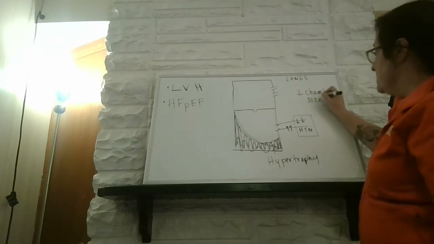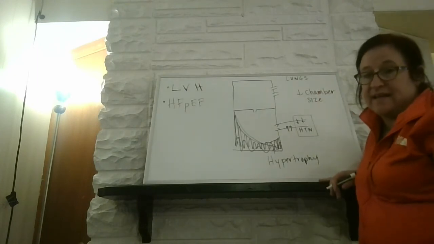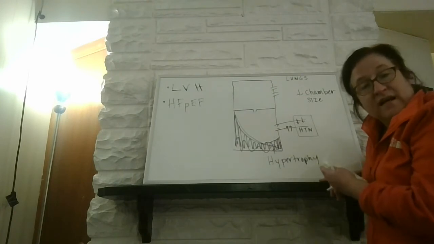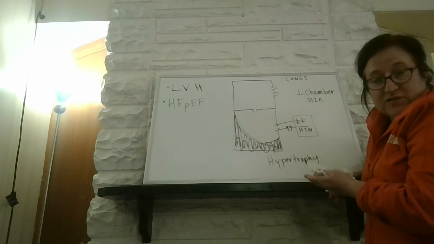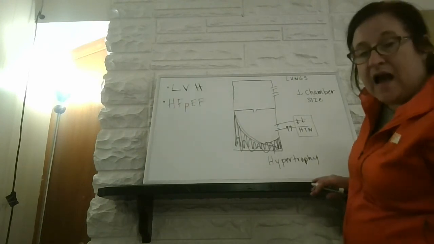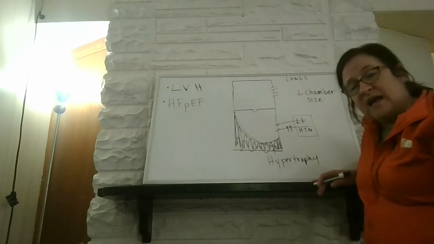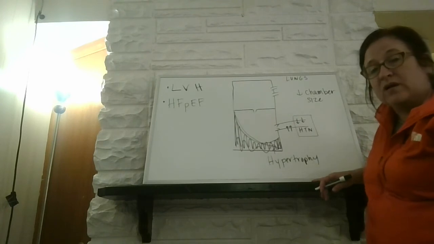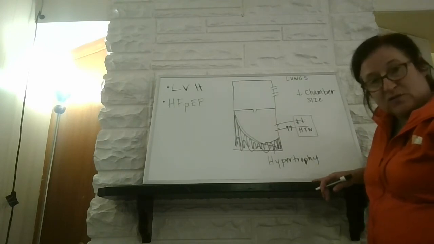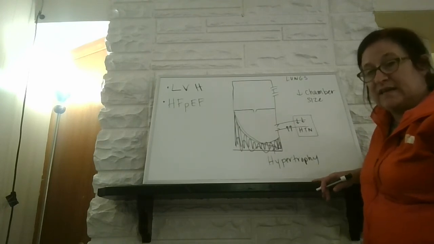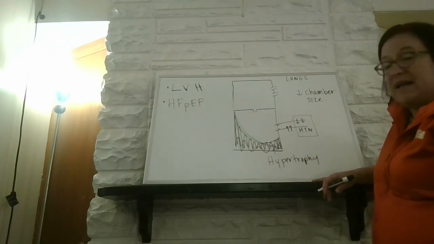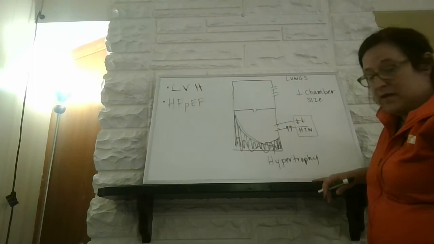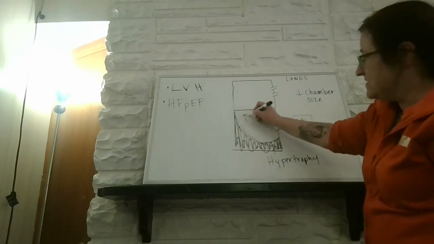So in normal conditions, I might not notice anything, and my ejection fraction on echocardiogram would be 60, 70%, which is normal. But say I wanted to exercise. I started to go for a walk or a run, which means my skeletal muscles will milk the veins and increase return to the heart. If I increase preload, that means I'm trying to increase the volume.